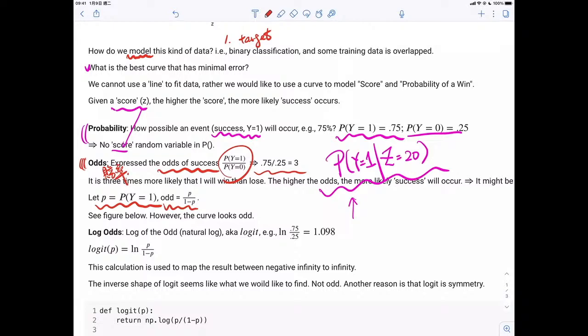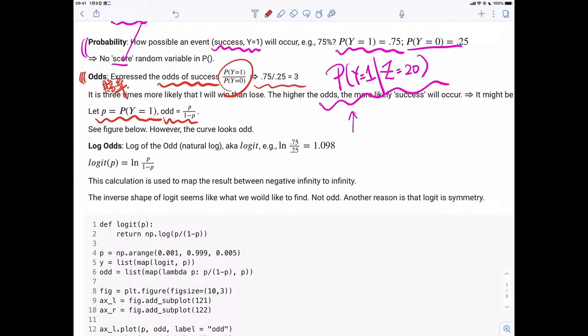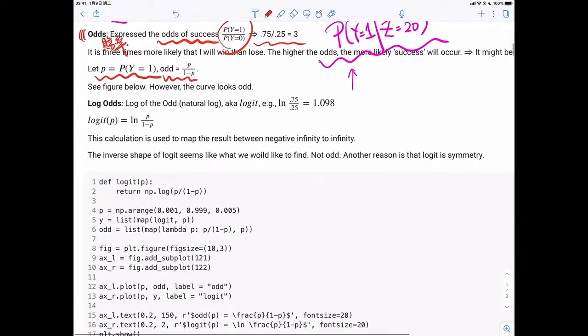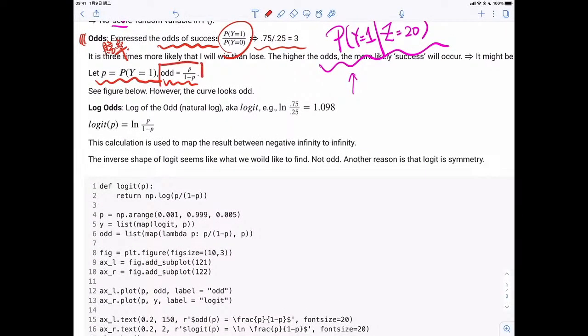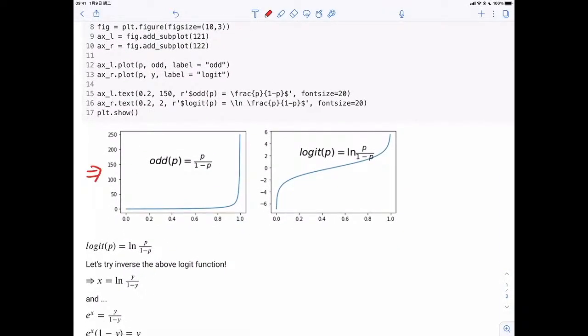This is no problem, this is just math. So see the figure. How about if we draw this figure? It looks like this one. That is the p, that is the odds.